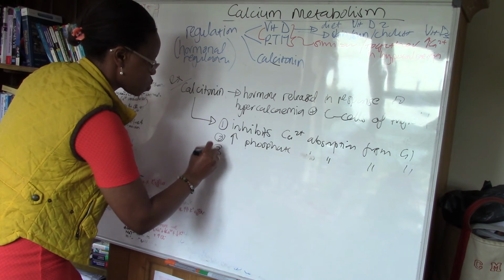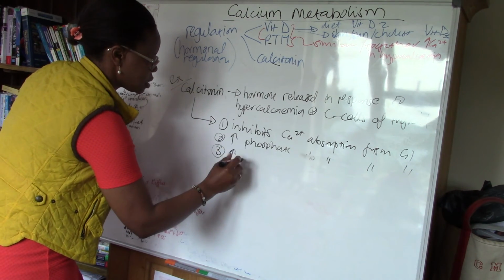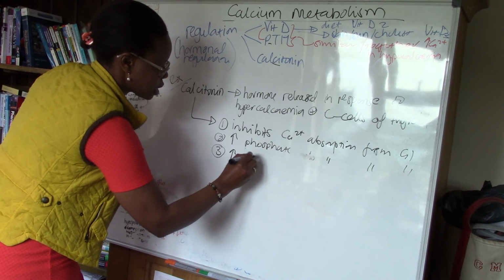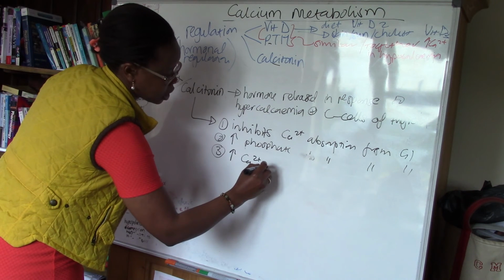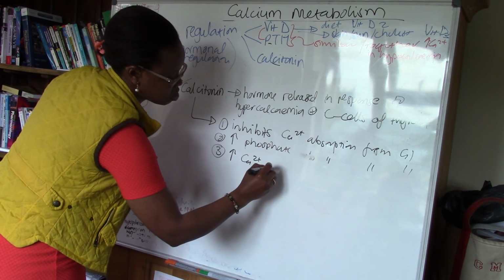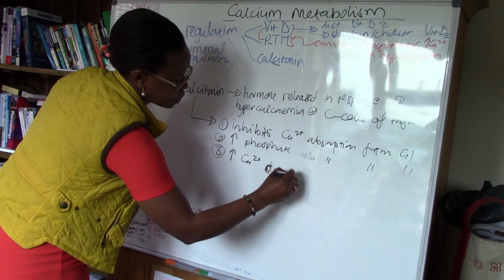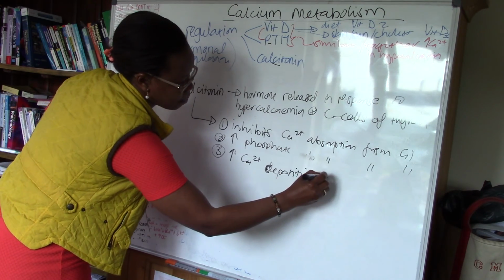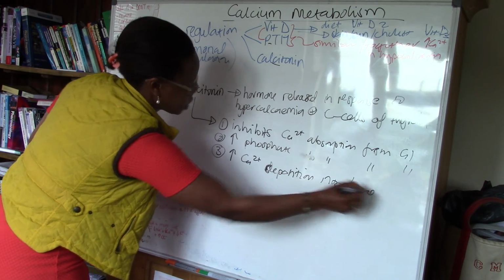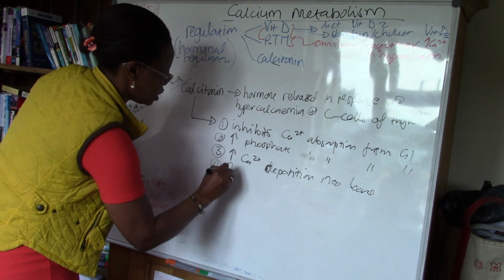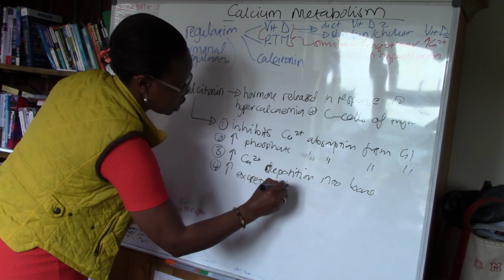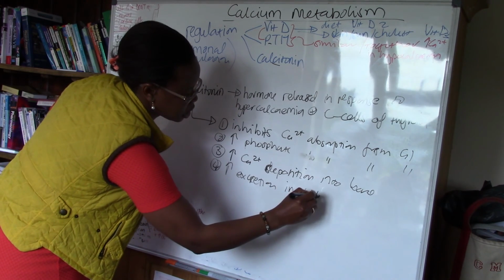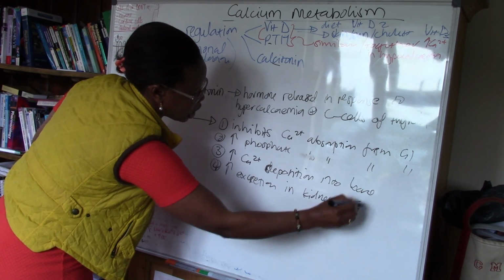Calcitonin also increases calcium and phosphate deposition into the bone, and number 4, increases excretion in kidney and GI.